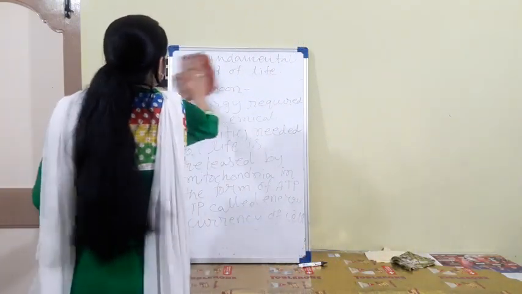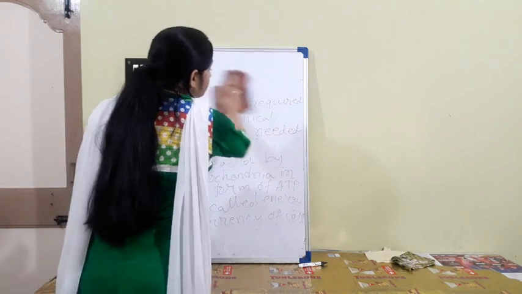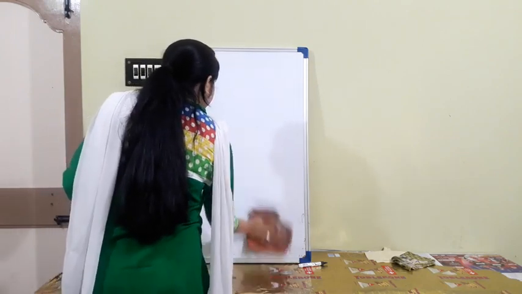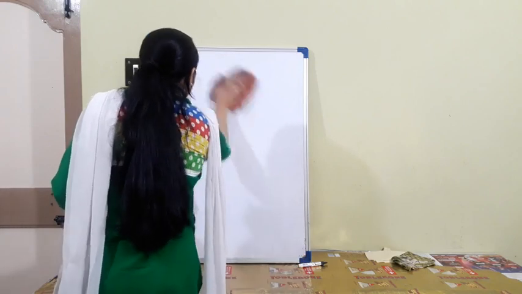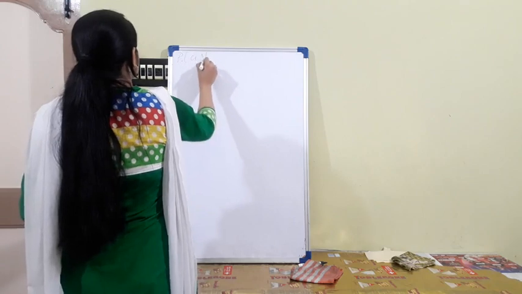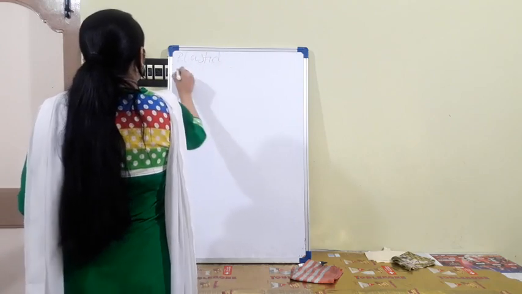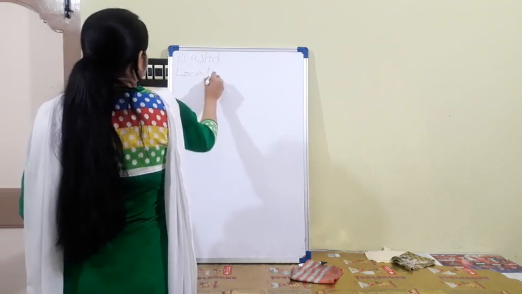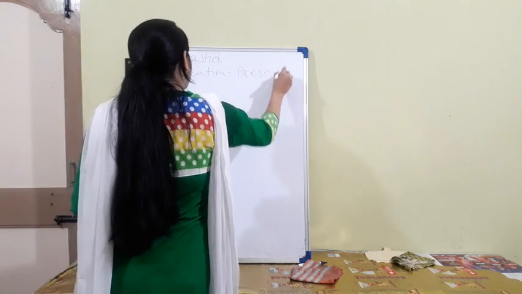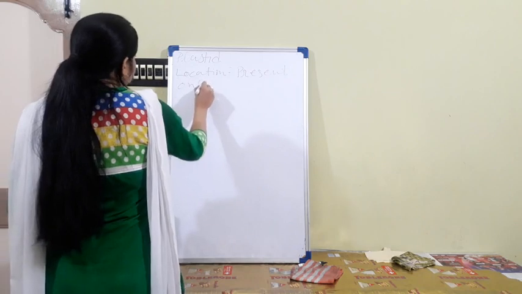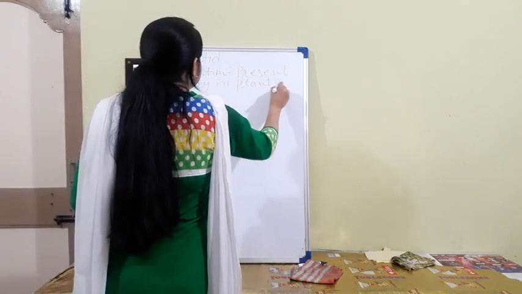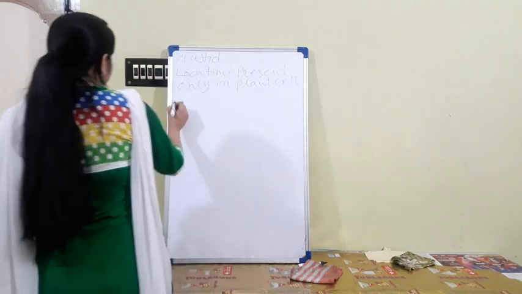Next organelle is plastid, that is present only in plant cells. Plastid. Location: present only in plant cells. Next, types.